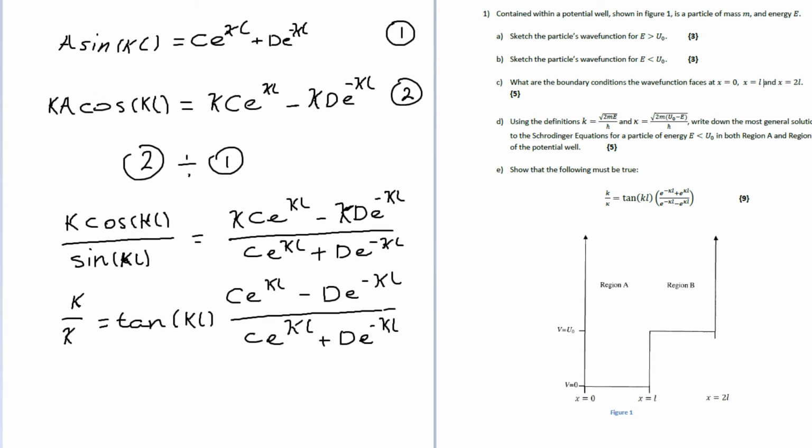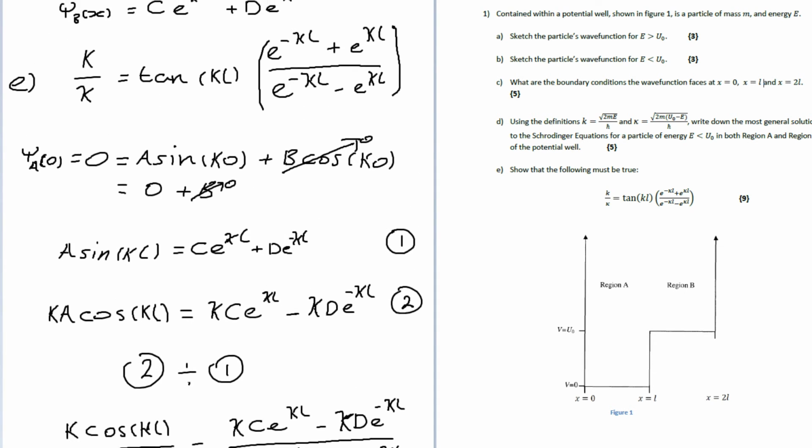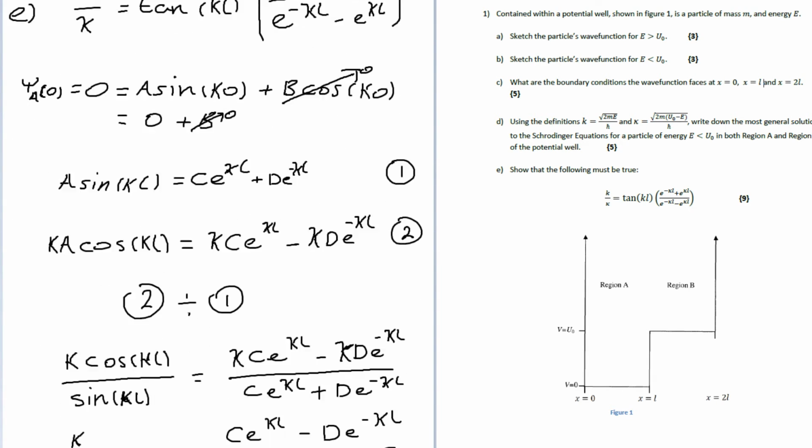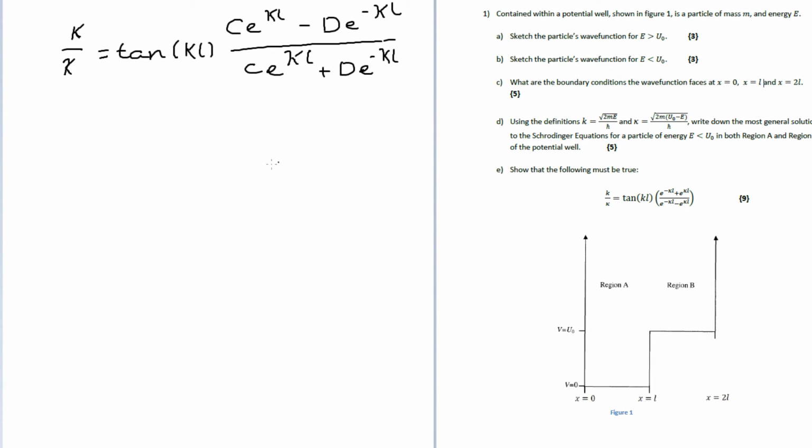So let's look at our final boundary condition. Let's go back up, and we know that at x equals 2L, psi of x equals 0. So let's move down here, and I'll write this out again. x equals 2L, psi of x equals 0.